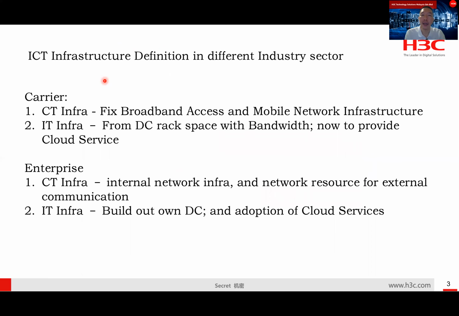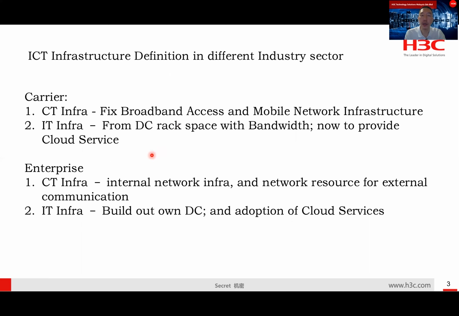In terms of the ICT infra, as I explained, the definition may be different across different industries. For example, if you're a carrier, your CT infra may be talking about fixed broadband access, mobile network infrastructure, these kinds of things. When a carrier talks about their IT infra, a long time back, they built their IT infra just to offer DC rack and space and bandwidth to the user.